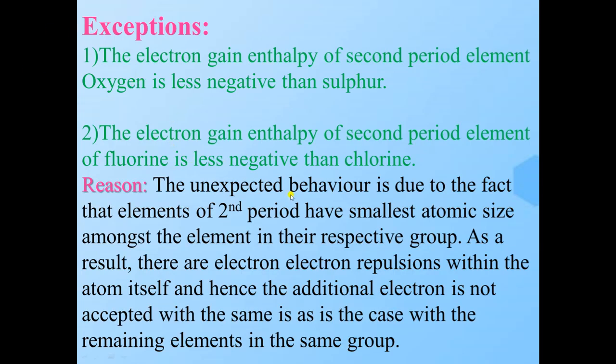Reason: the unexpected behavior is due to the fact that elements of the second period have the smallest atomic size amongst the elements in their respective group. As a result, there are electron-electron repulsions within the atom itself, and hence the additional electron is not accepted with the same ease as is the case with the remaining elements in the same group.